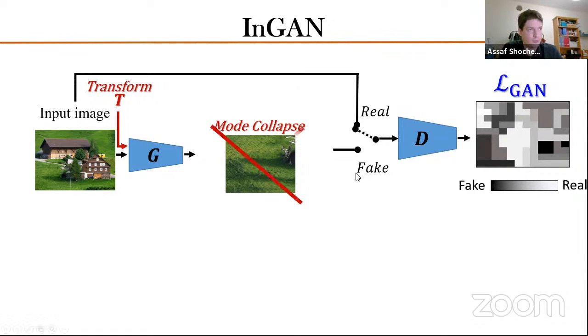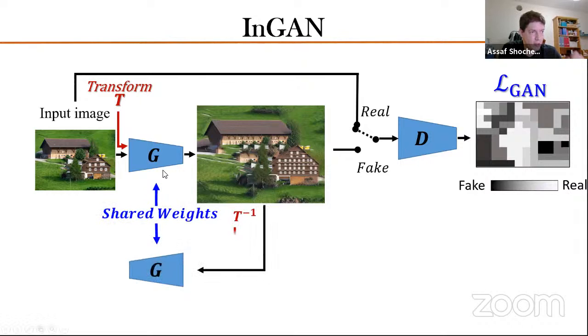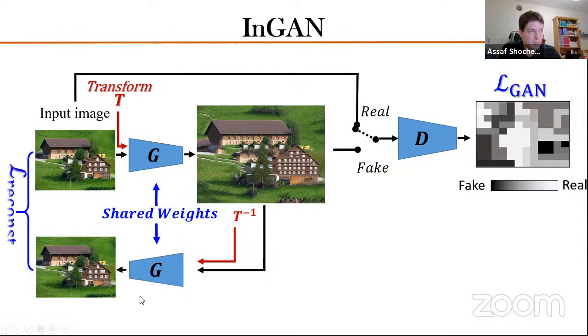So to avoid this, what we did is use cycle consistency, which means we took the generator again, and this time we apply it with the inverse transform to what we did before. This is just another instance of the same generator, with shared weights. Now we train it with a very simple L1 loss to reconstruct the original input image.